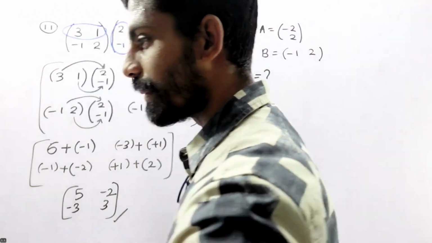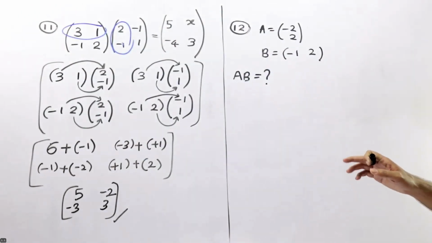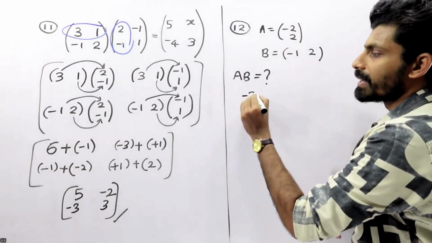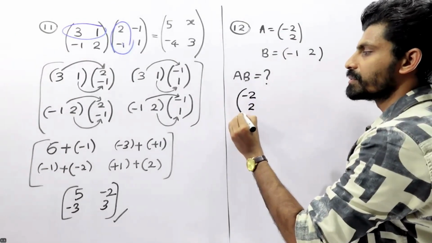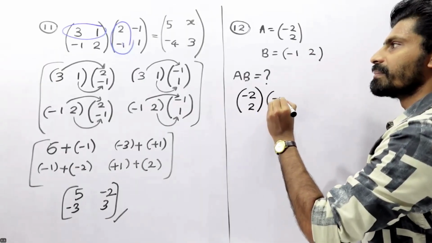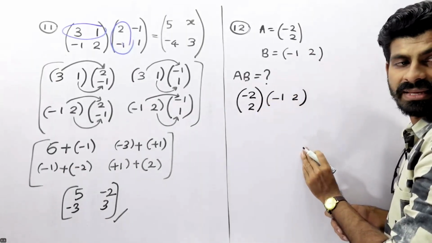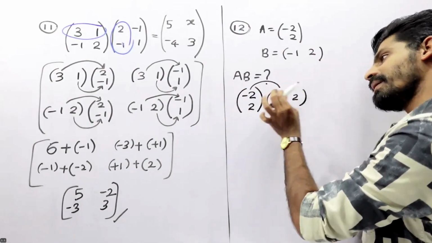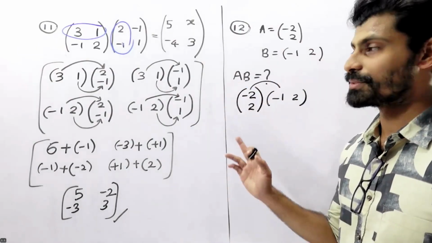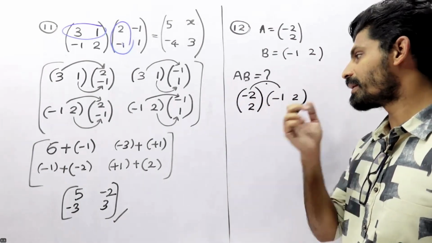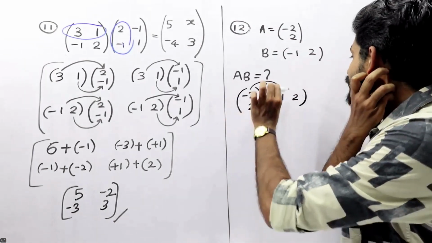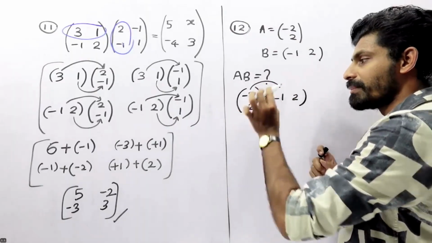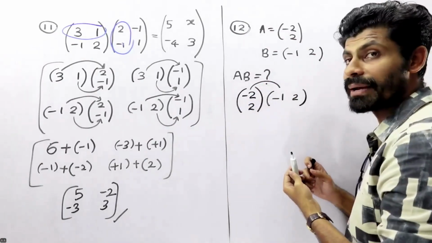Now AB, right? Look at this one, AB. So A multiplied by B, minus 2 multiplied by B. Okay? Row multiplied by column, that's all. So this one means row multiplied by column.